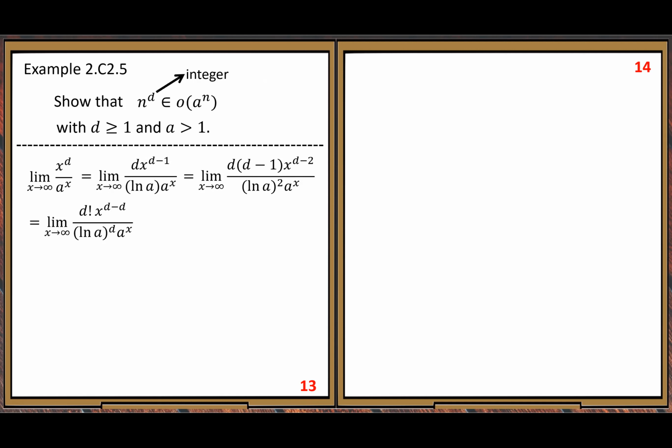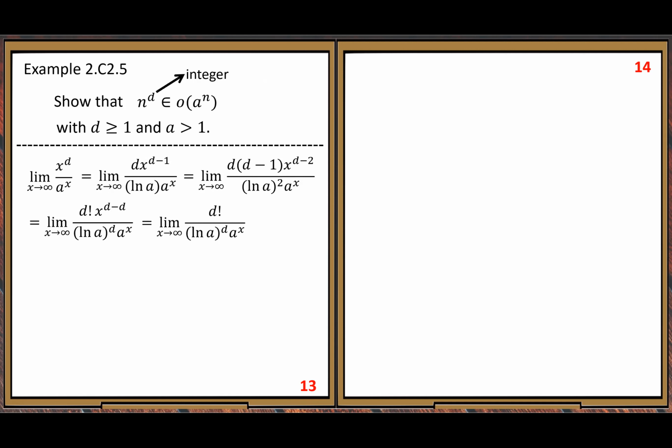So the constant d factorial, the denominator natural log of a, d times, dth power. The power term x, bring down d times, d minus d, 0. It's gone, right? x to the 0th power, that's 1.